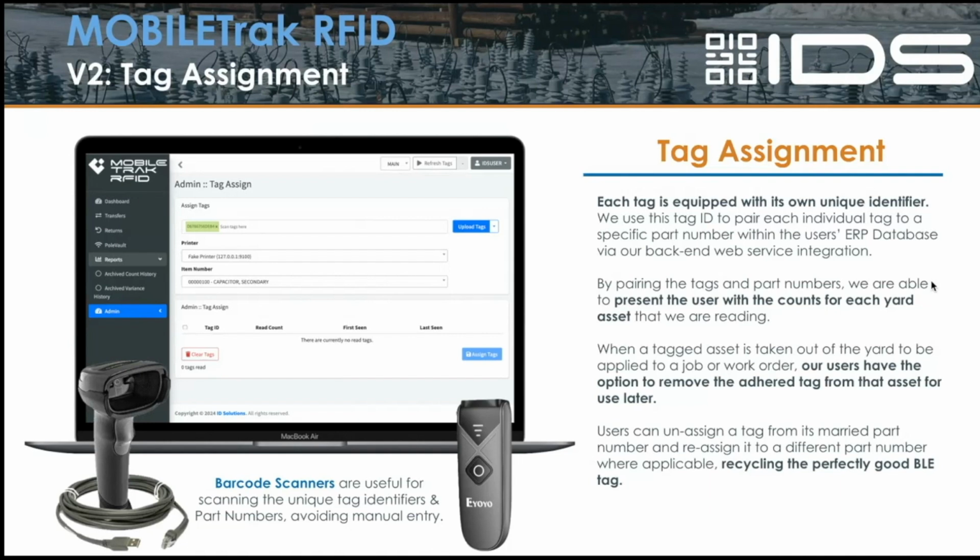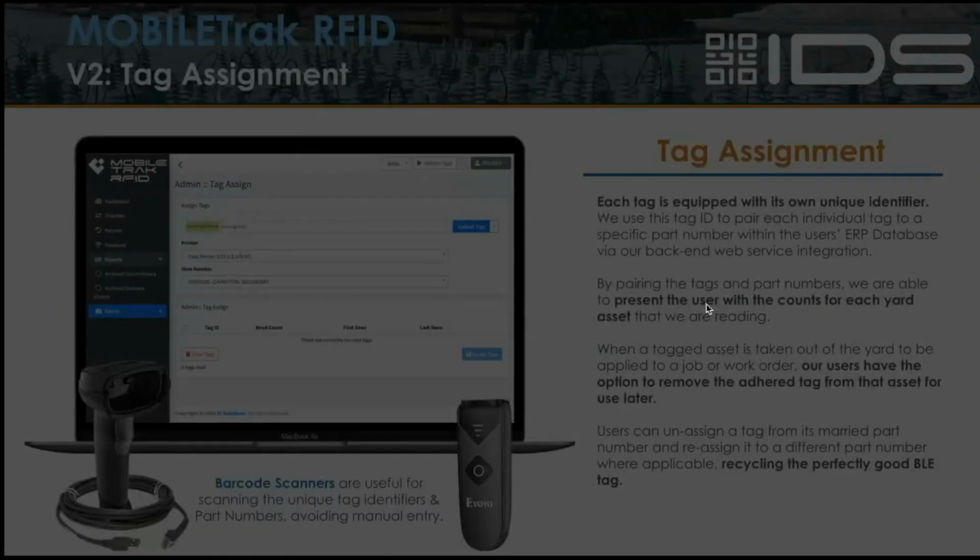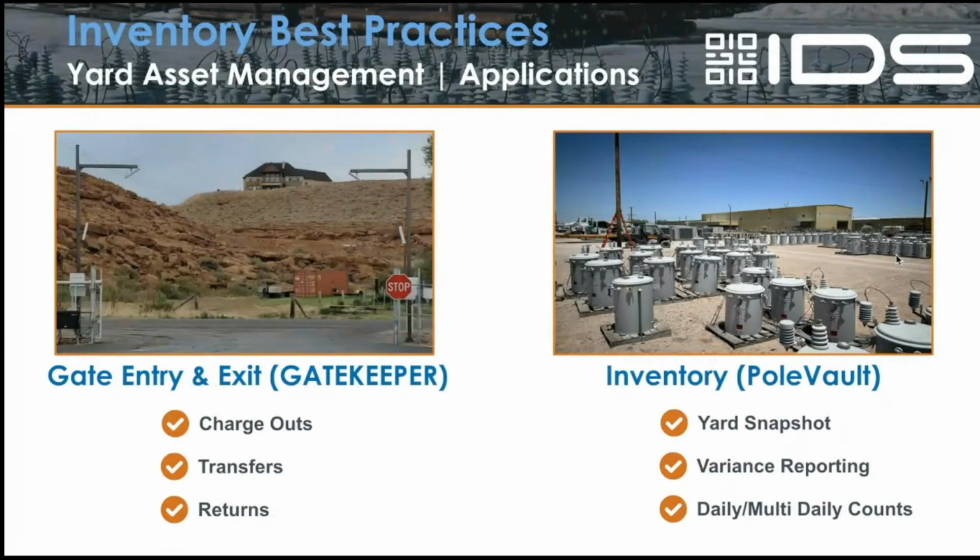There's a couple other ways to do it. We can actually use the RFID reader to capture that information, but because our tags come with a barcode, the Sensata tag has a one-dimensional barcode and the EM Micro tag has a really nice QR code, we can simply scan those tags, assign it to a part number, and then click assign, and we're done. It's really, really quick, really, really easy.